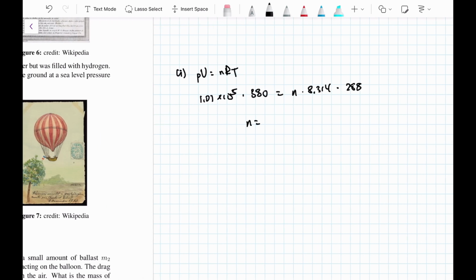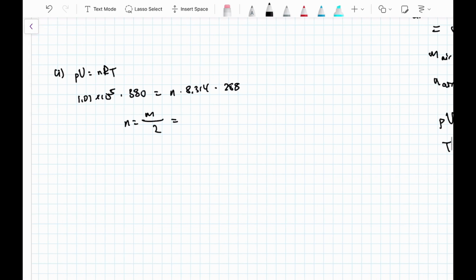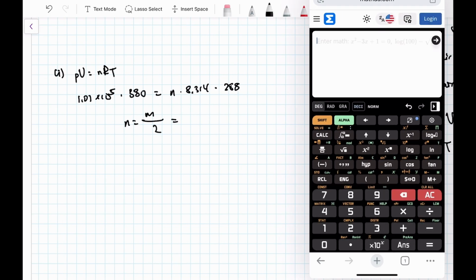So therefore, we can calculate the number of moles, which is equal to the mass over the molar mass. And for hydrogen, it's H2, so the relative molecular mass should be 2. So the number of moles is 1.01 times 10 to the 5 times 380 over 8.314 times 288.